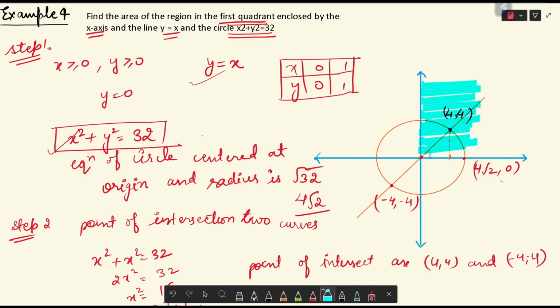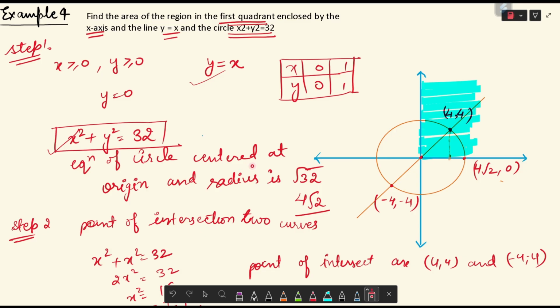Then the second thing is enclosed by the axis. So the x-axis must be part of this shaded region.